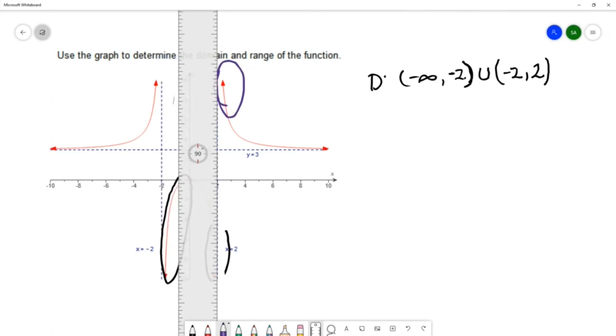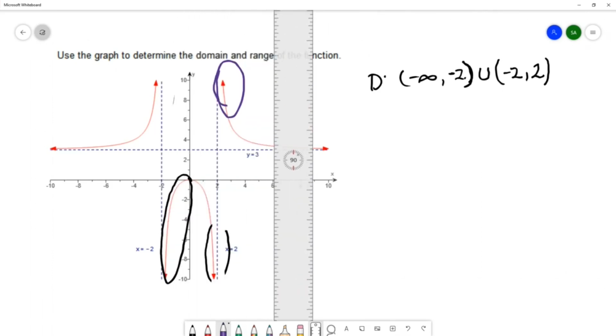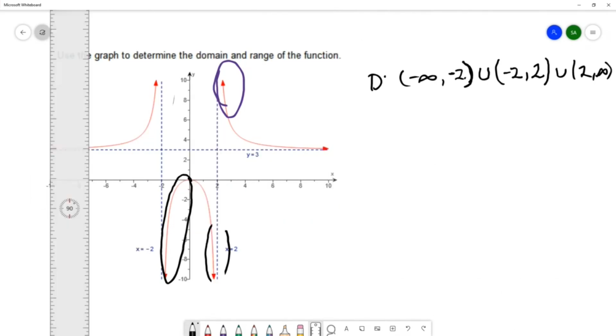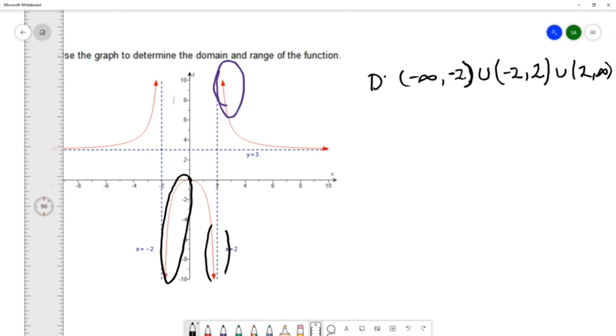So from 2 to infinity, I have x values that are part of the graph. So this is my domain. The domain of this graph is from -infinity to -2, union with -2 to 2, union with 2 to infinity.